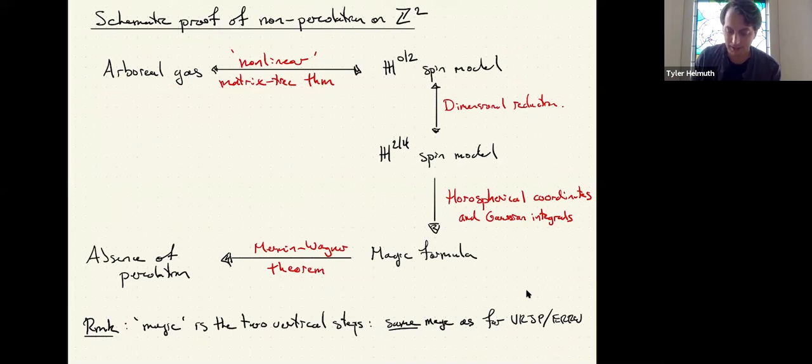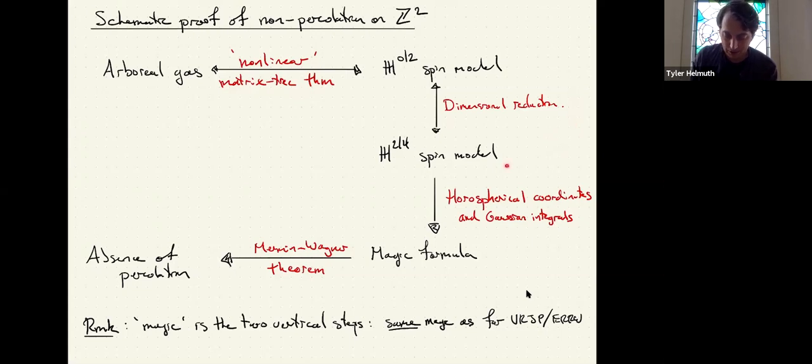The next step is to convert the H02 spin model to something even slightly more exotic called the H24 spin model, using a trick called dimensional reduction or supersymmetric localization, both of which sound somewhat scarier than they really are. Those 2 steps are basically identities. That's why these arrows go both ways.